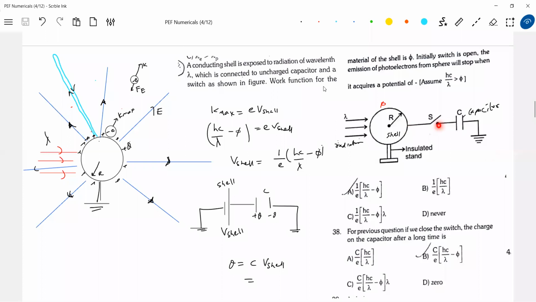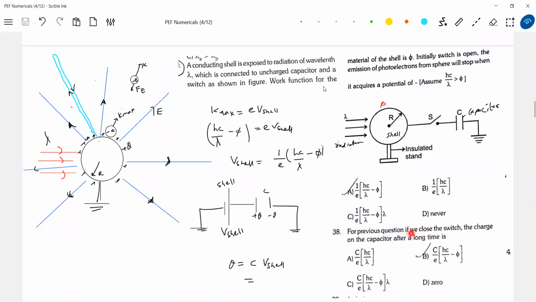This flow continues as long as the potential difference across the capacitor is less than that of the shell. Once the potential difference across the capacitor becomes equal to that of the shell, no further flow of photoelectrons will occur. Do you agree?